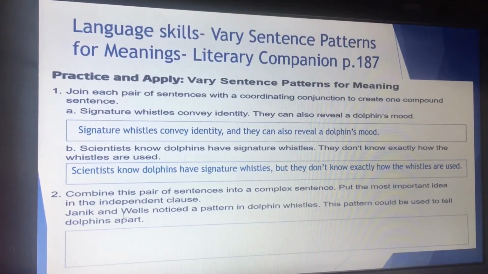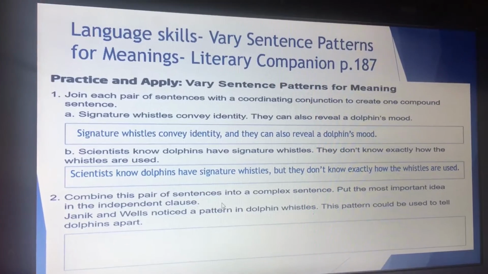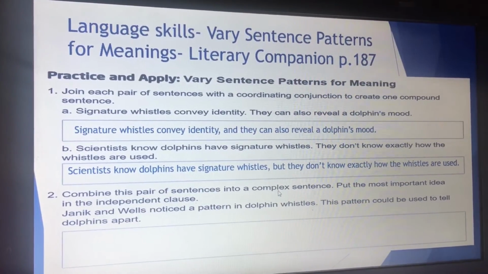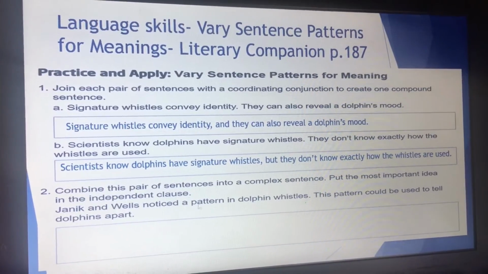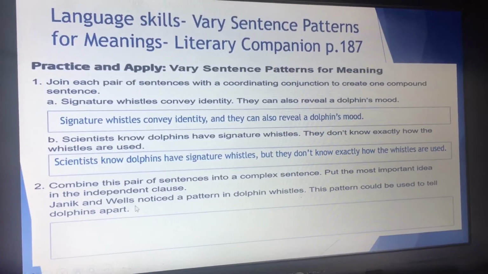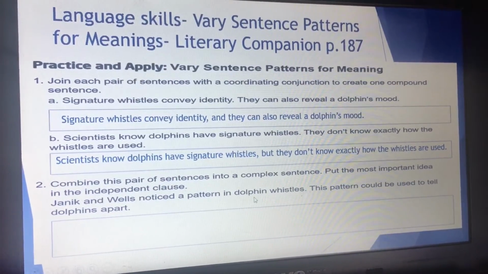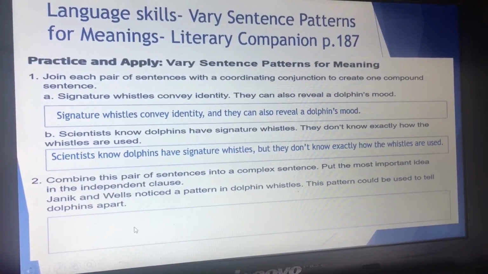Now let's read them. Remember, the conjunctions that are used in complex sentences are way too many, so you can use any of them if they work, of course. Janik and Wells notice a pattern in dolphins' whistles. This pattern could be used to tell dolphins apart.